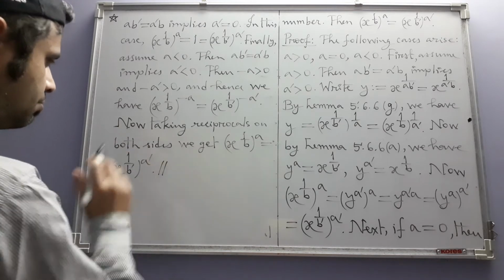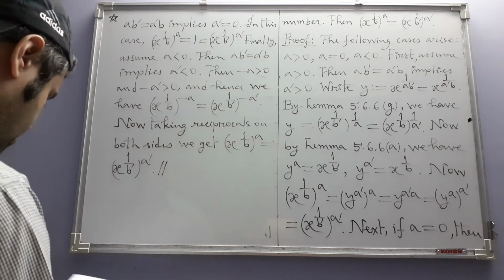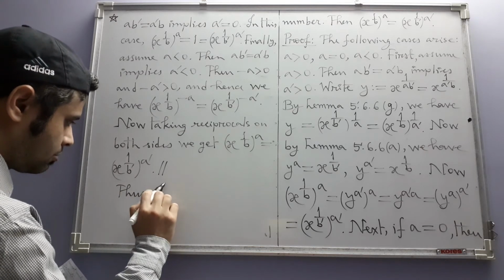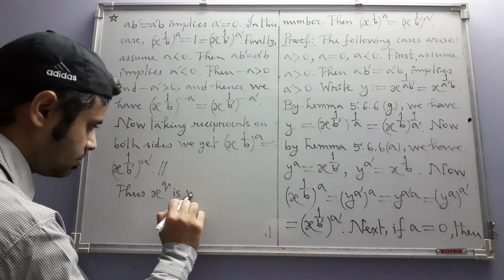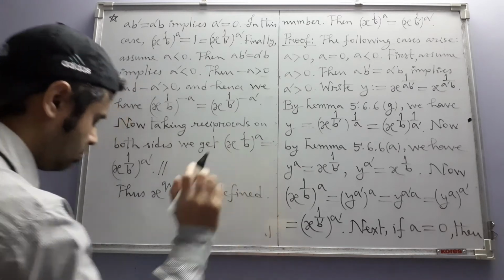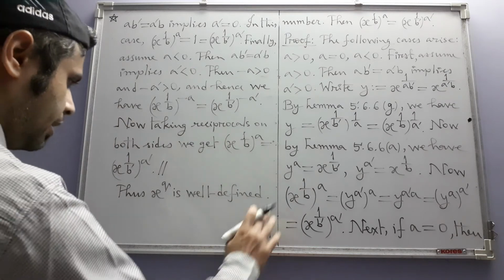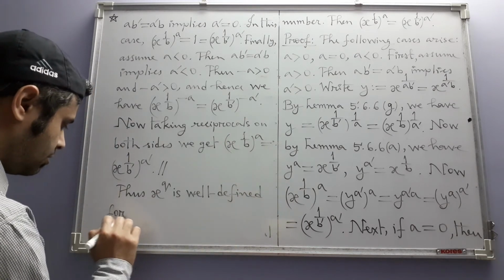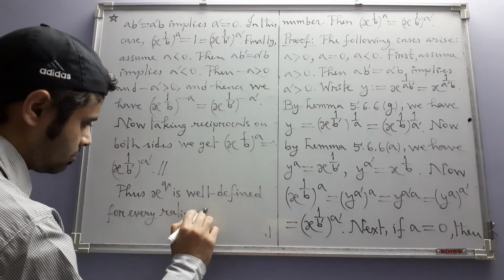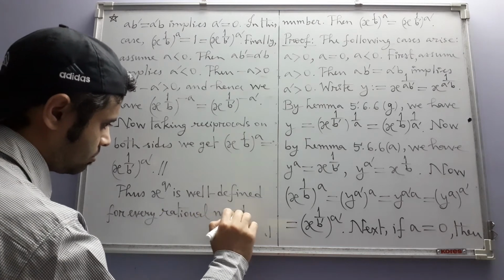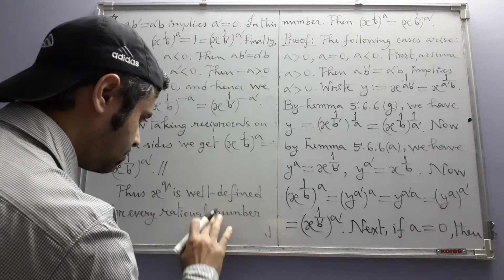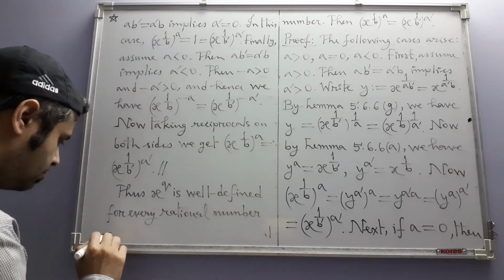This completes the proof. So now our x to the power q is well defined. Thus, this is well defined for every rational number q.